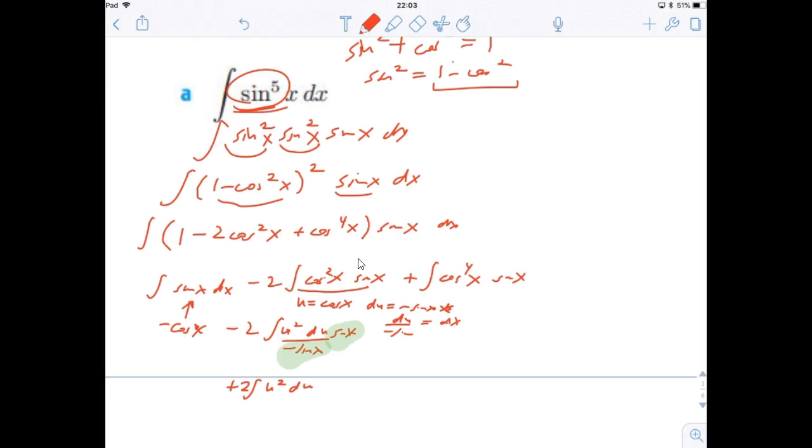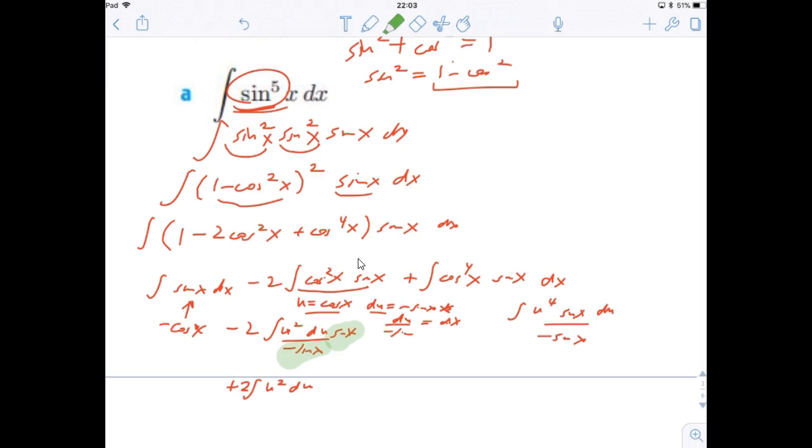And then for the next one, I'm going to use the same substitution. I would get the integral of u to the fourth, and then sine x, and then I would substitute in for dx du divided by negative sine x.